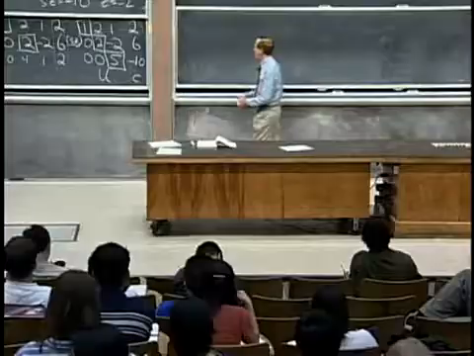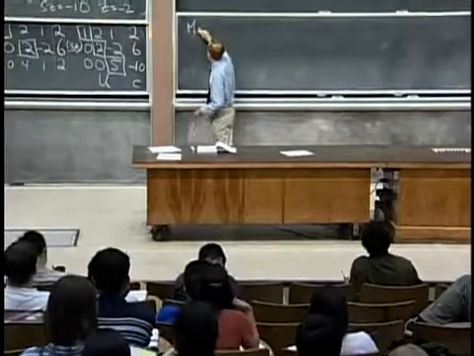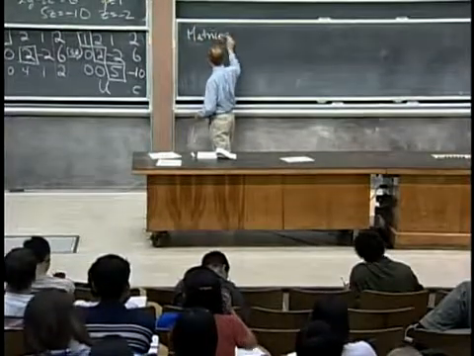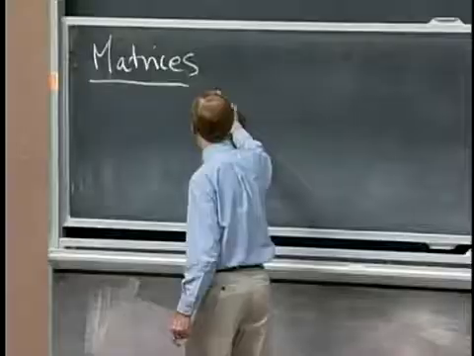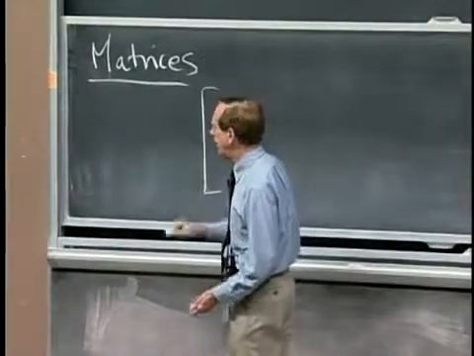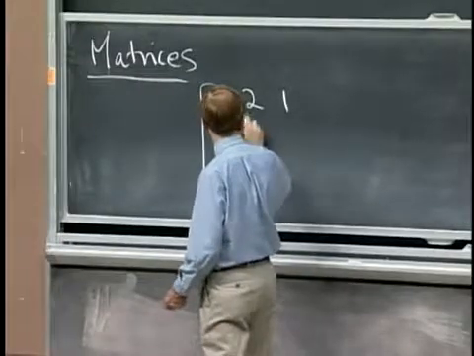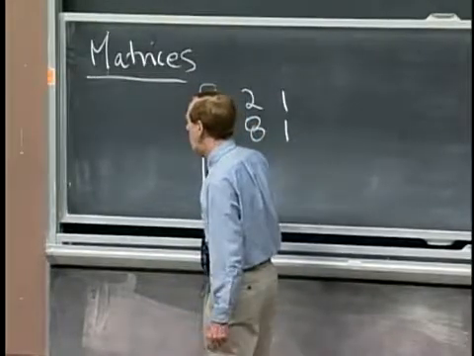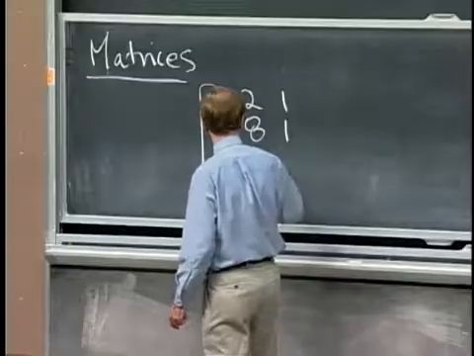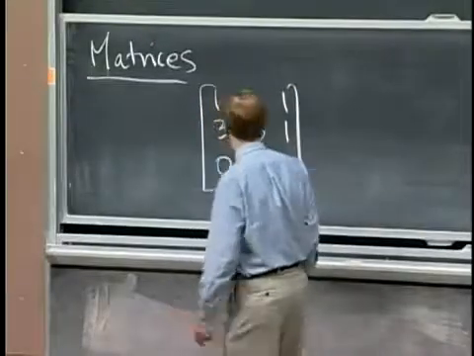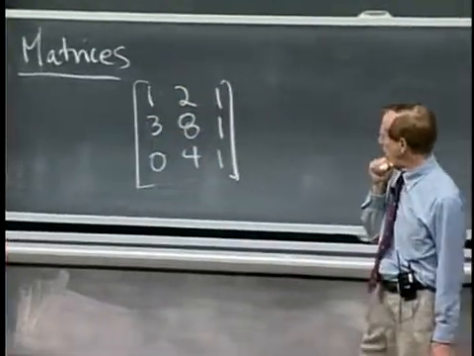So now this is elimination matrices. Okay, let me take that first step, which took me from 1, 2, 1, 3, 8, 1, 0, 4, 1. I want to operate on that.